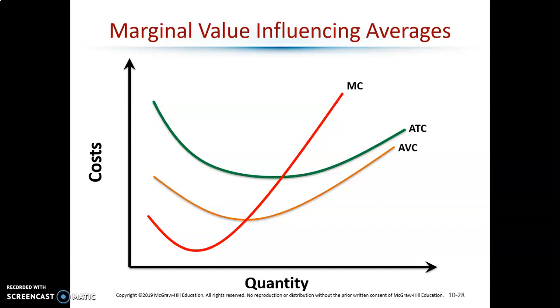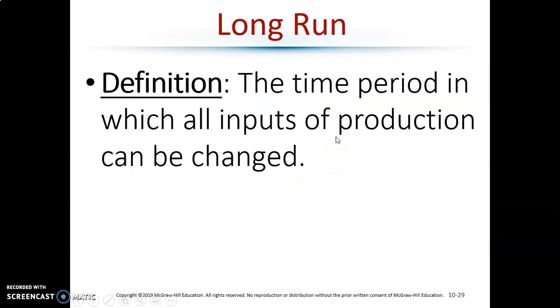Open up a new plant, close down an existing plant. Get a new leasing agreement, let an existing one expire. Fire a salaried worker, hire a new salaried worker who you're going to have to pay over the long term anyway. Whatever you want to conceptualize as a fixed cost, those are all variable costs in the long run. So these two curves are no longer different. They're one and the same. So you just have one curve in the long run.